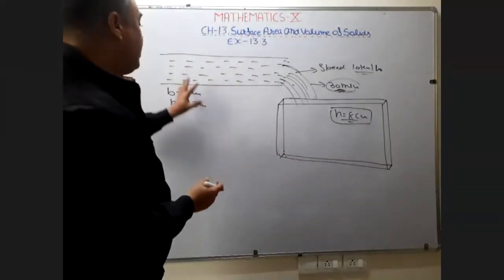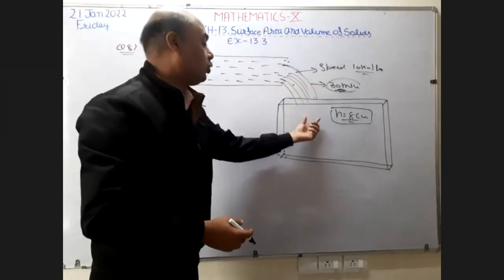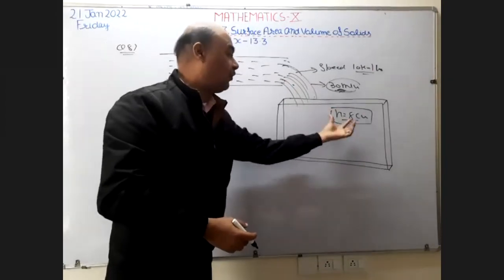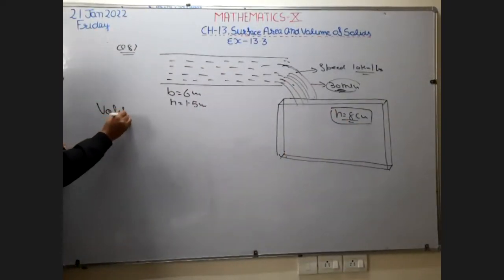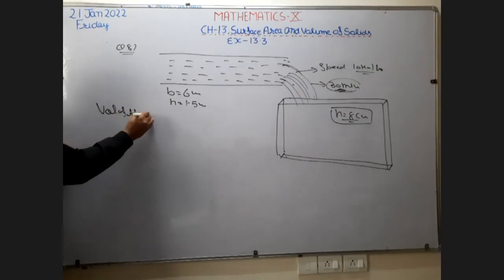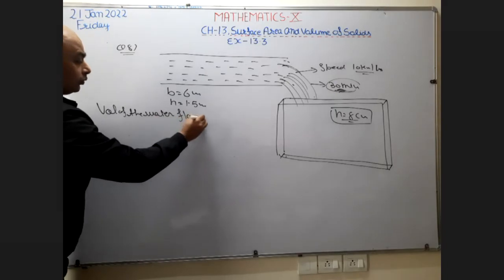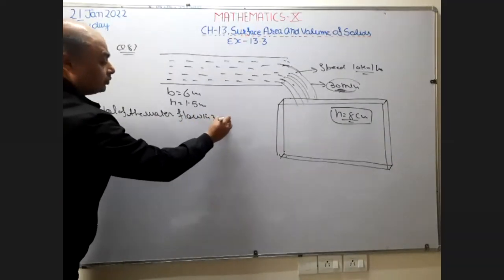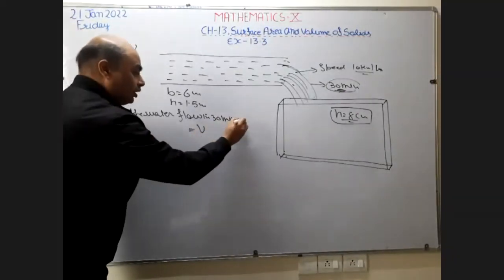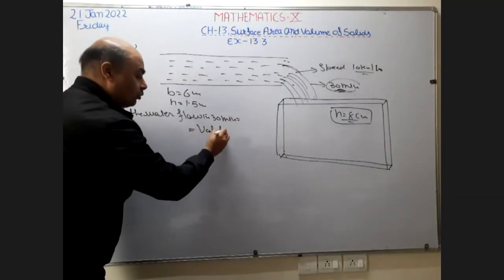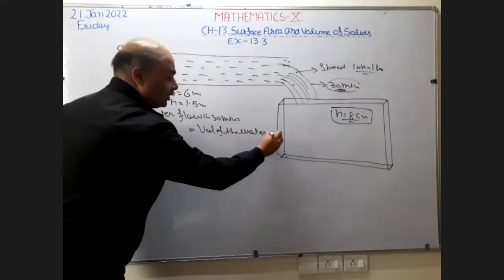So it means the volume of water flowing in 30 minutes is going to be equal to the volume of water in the field. So write first: volume of the water flowing in 30 minutes is equal to the volume of the water in the field.